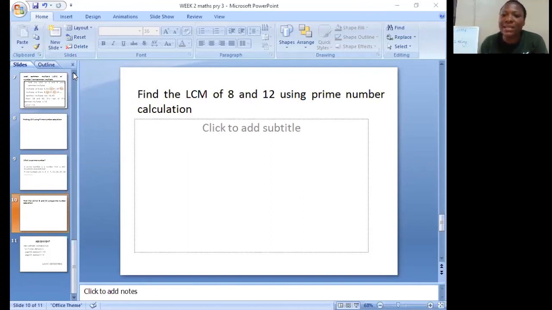If any number cannot divide perfectly without a remainder, you drag the number down the way it is. You will not stop until you have arrived at 1 for each of the given numbers. Then you write out all your prime numbers as your lowest common multiple.